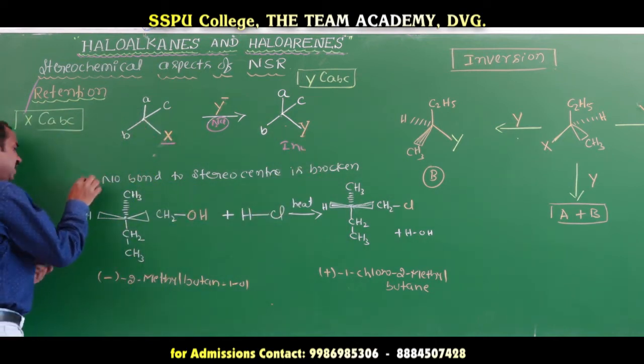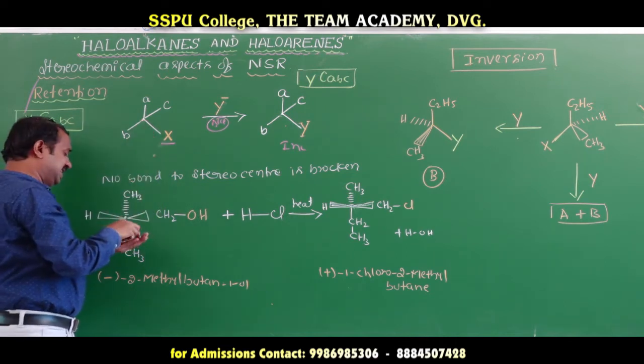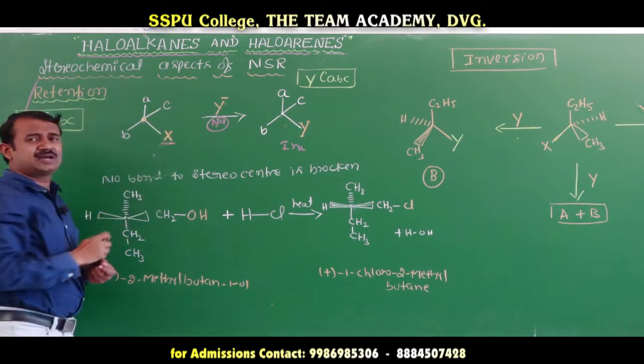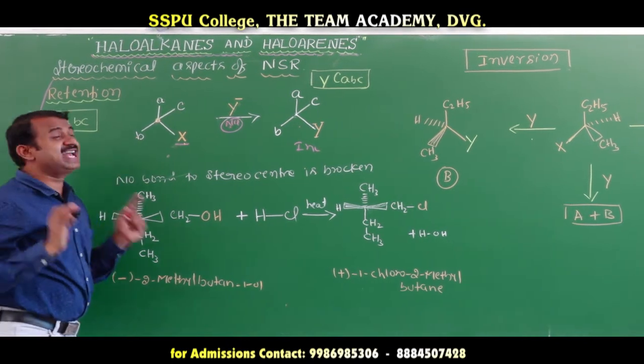If the carbon-halogen bond breaks at the stereogenic center, the stereogenic center has four different atoms or groups, A, B, C, D, the asymmetric carbon.